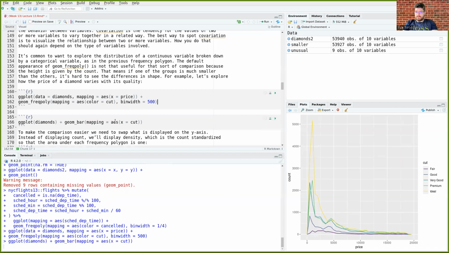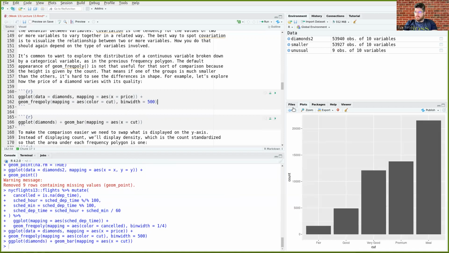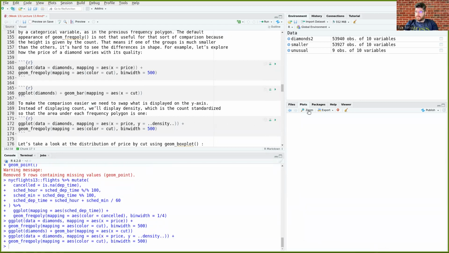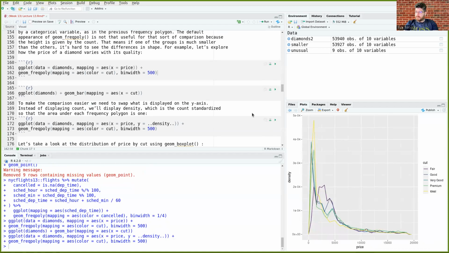Let's produce the geom bar, and geom bar is only the count, so maybe we can compare them with the density. Let's produce it. The density is just the normalization.